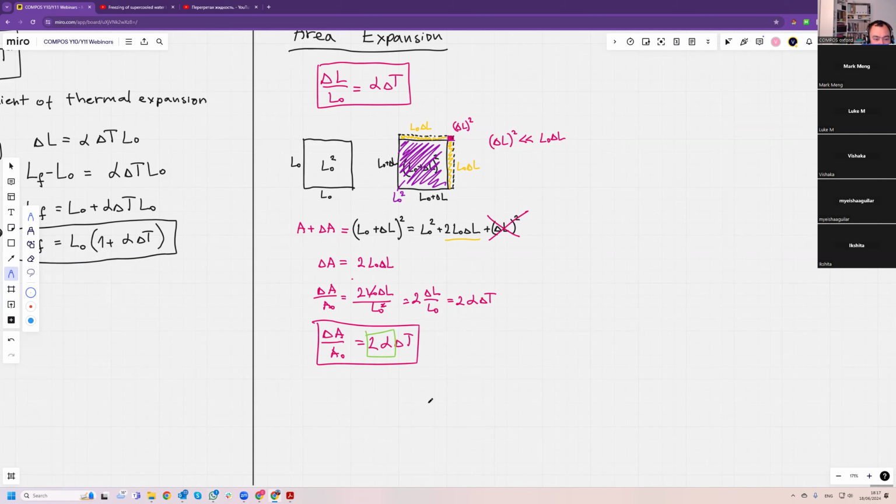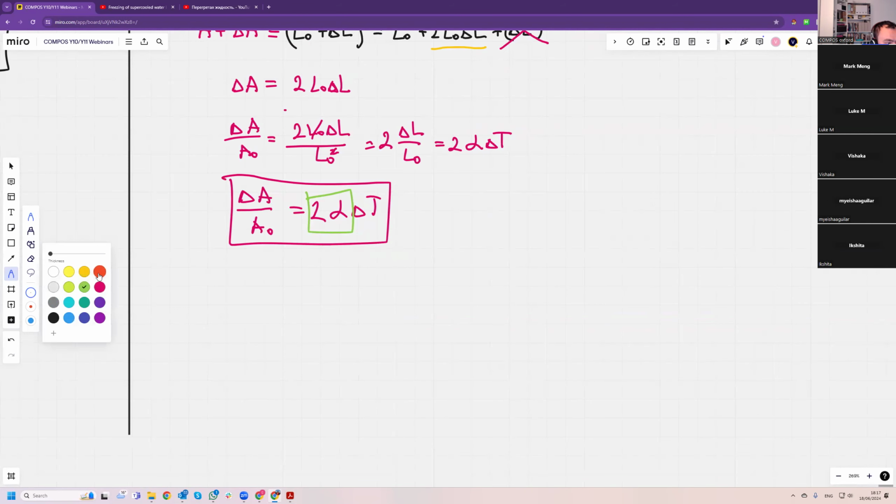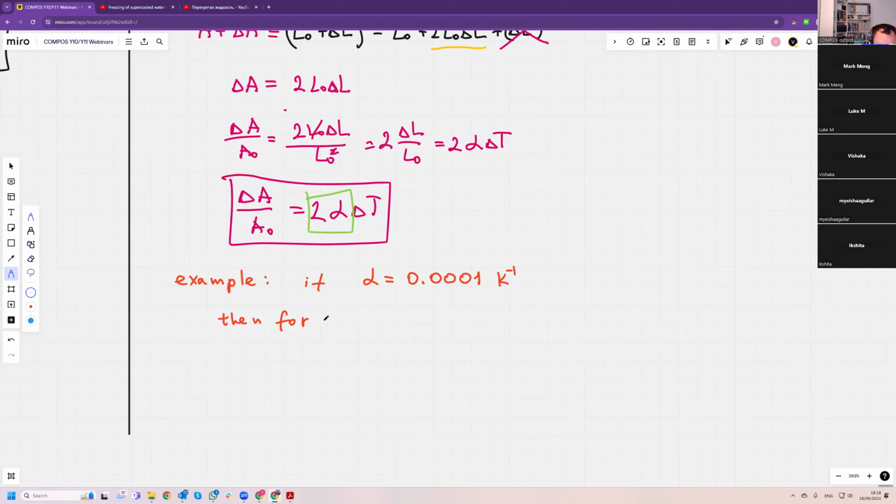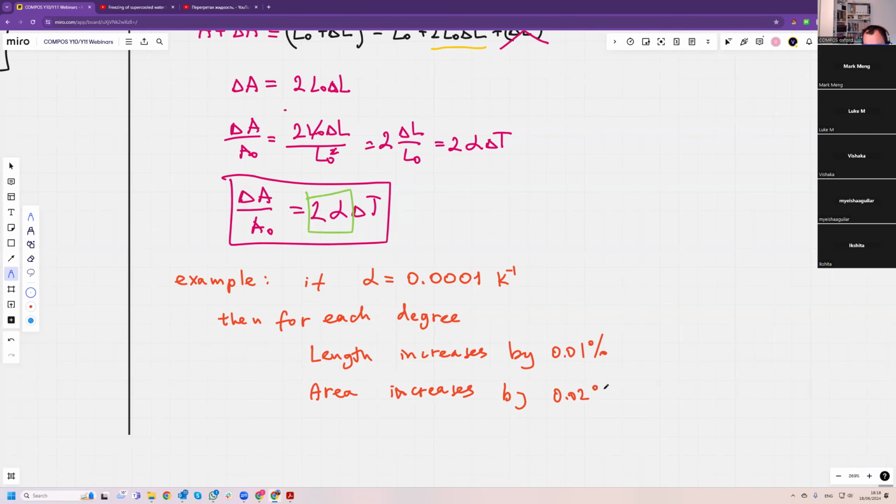What does that mean? Example: if alpha equals 0.0001 per degree Kelvin, then for each degree, the length increases by 0.01%, but the area increases by 0.02%.